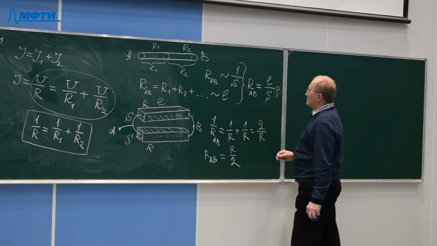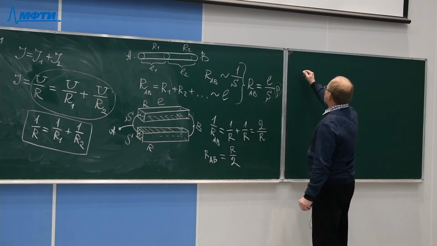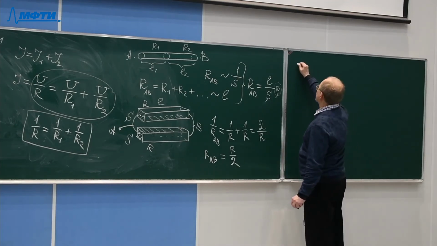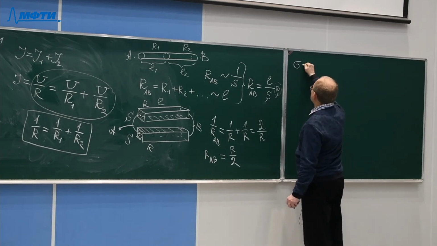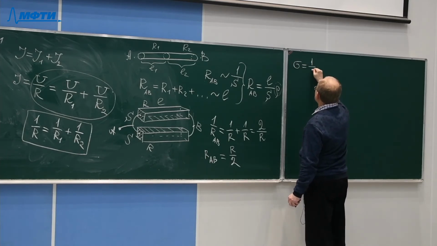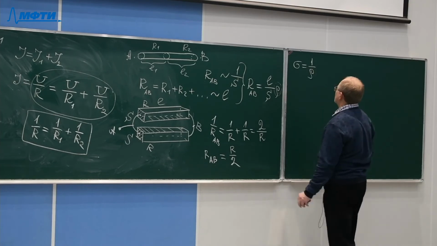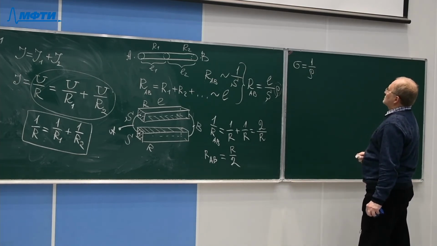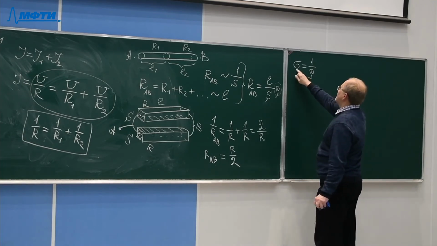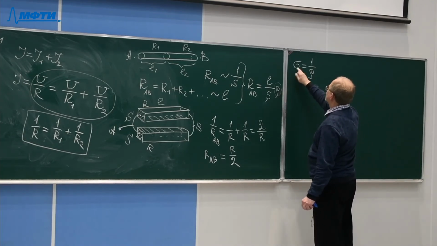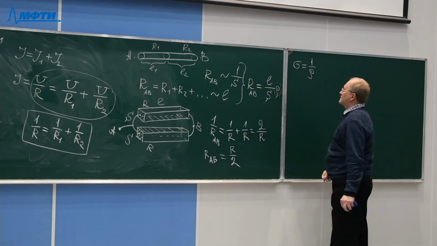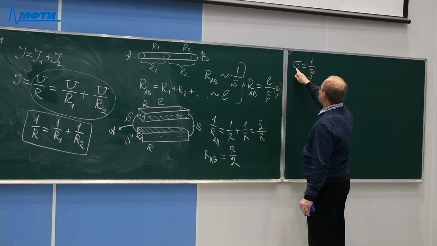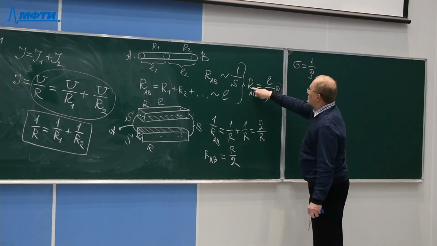Actually, we often use a quantity which is inverse to this rho. This is electric resistivity, and the inverse one is called the electric conductivity. So the larger the electric conductivity, the smaller will be the resistance.